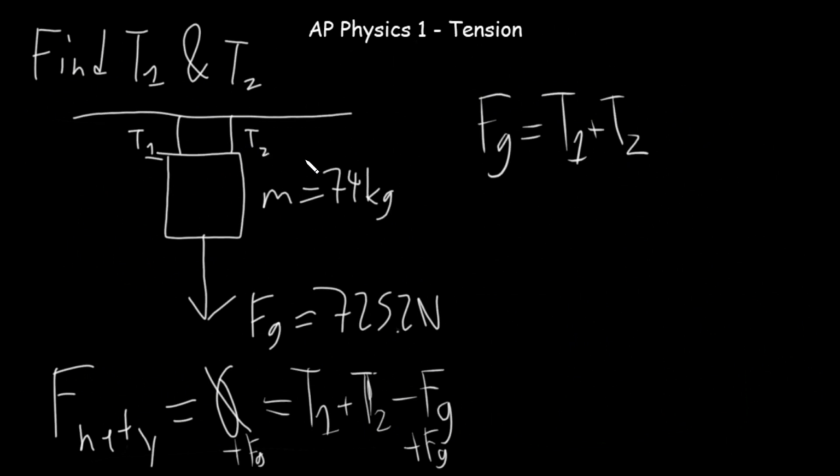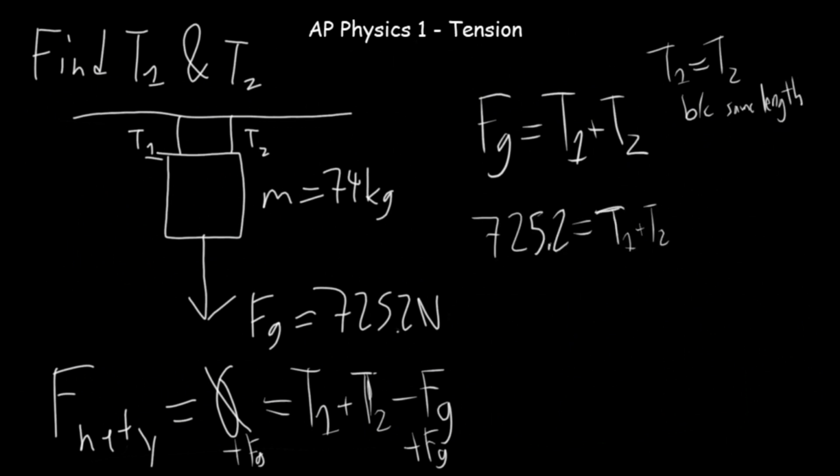So what that basically means is that tension 1 is equal to tension 2 because they're the same length, right? Because they're equal, the amount of tension in tension 1 and 2 is basically going to be half of this number. So you can pretty much just divide it by 2. My pen is way too laggy. I apologize.